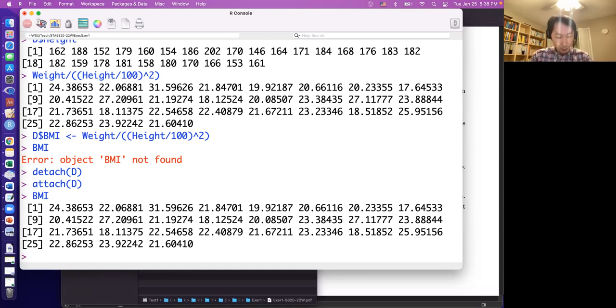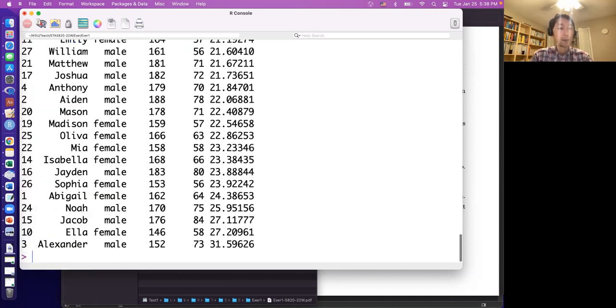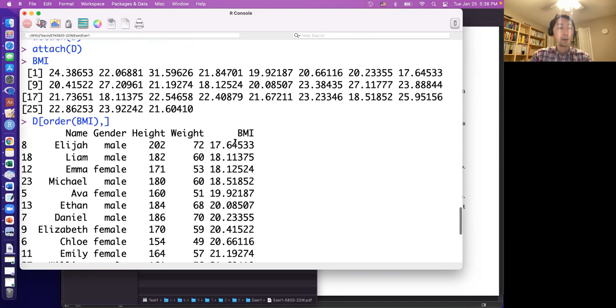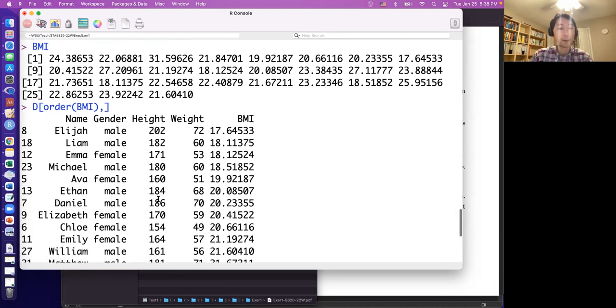Yeah, and sort the data frame by decreasing order of height. That can be done this way. So now you can see the decreasing order of height. So yeah, so this is increasing order in height. No, not really.